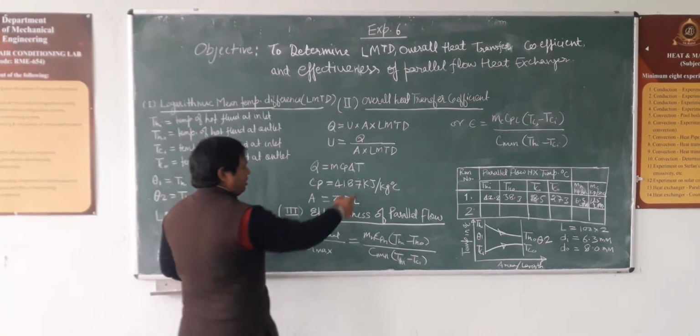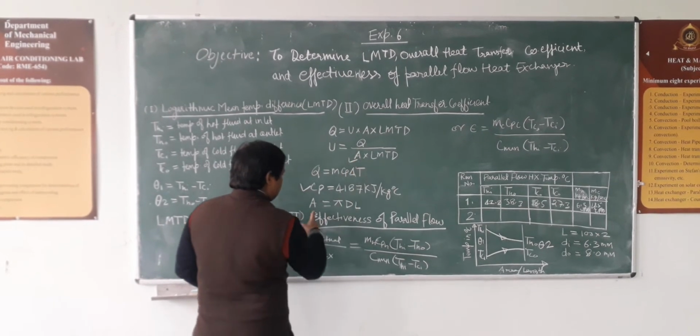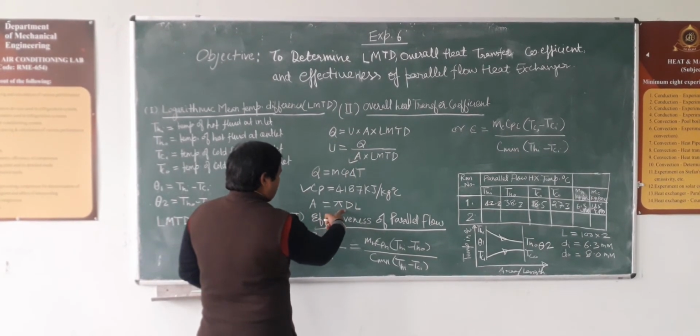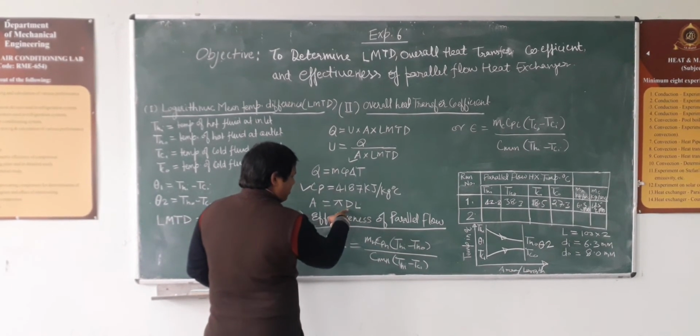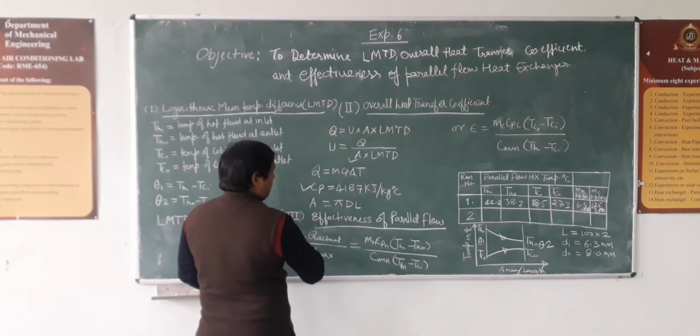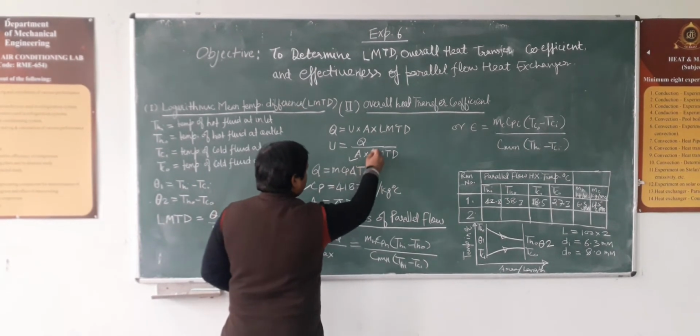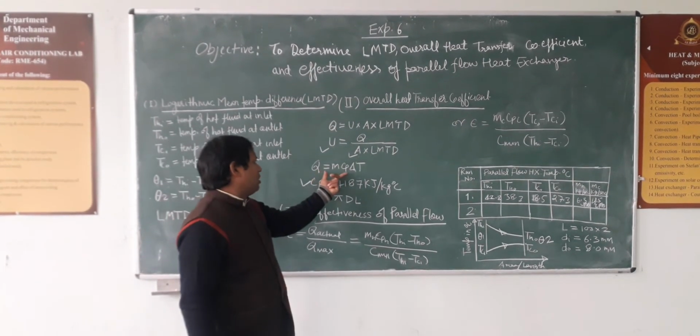Put this here, and Cp is given here, right? And area is also given here. Area is pi D L, the diameter of the pipe times the length of the pipe. If you multiply, you will get the area. If you put all these things here, you will get the overall heat transfer coefficient.